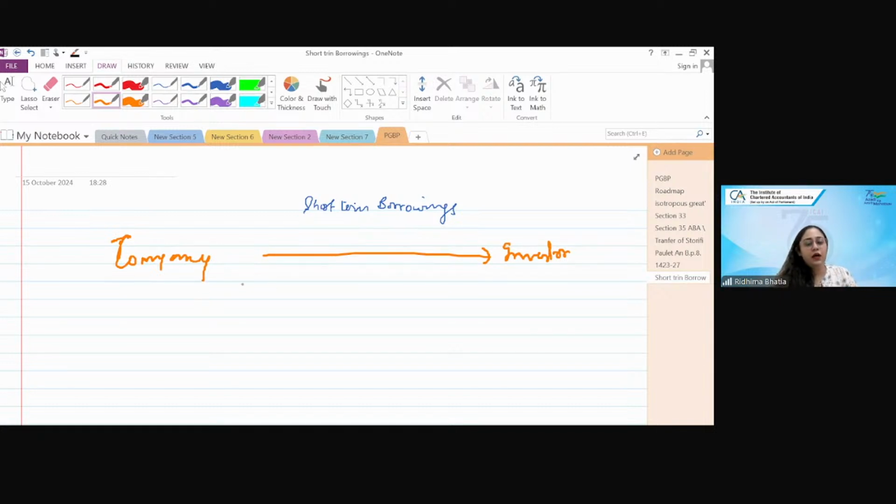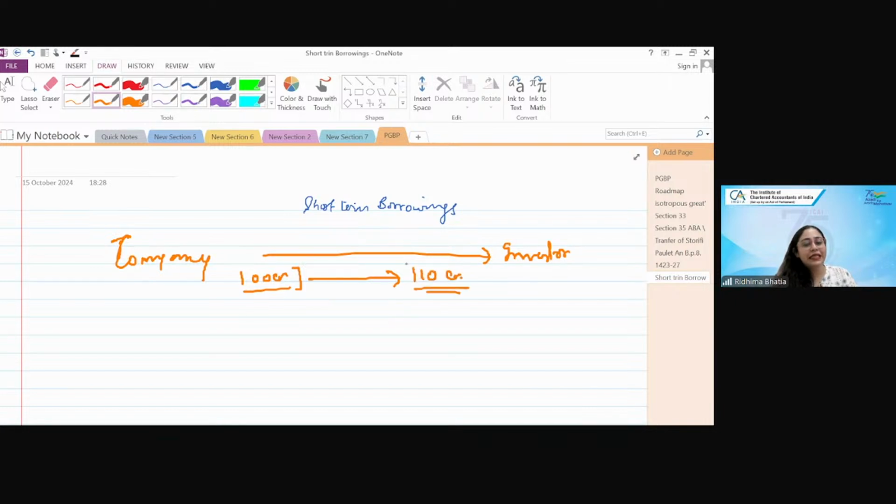So if I need, say, 100 crore rupees, I want to raise 100 crore rupees, I will say to the public or to the investor that I will pay back 110 crore.